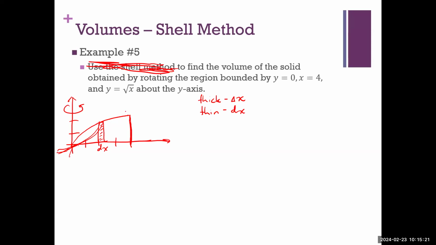Are you getting that dimension from the variable x, which is a large change in that variable, or from dx, which is a very, very small change in that variable? So this right here tells me I'm making shells. This right here tells me I'm making washers or discs, depending on whether you have that hole in the middle.